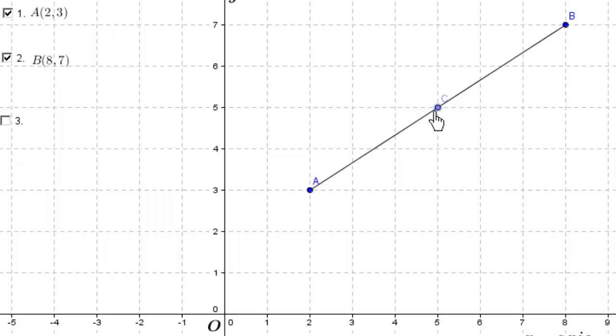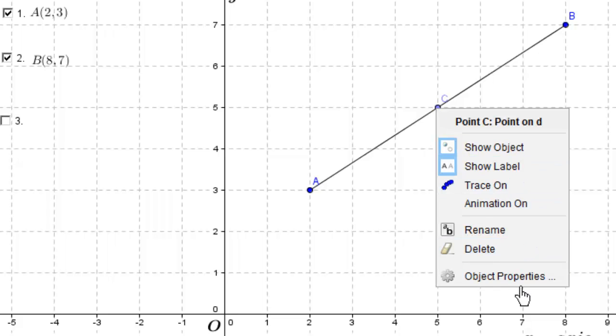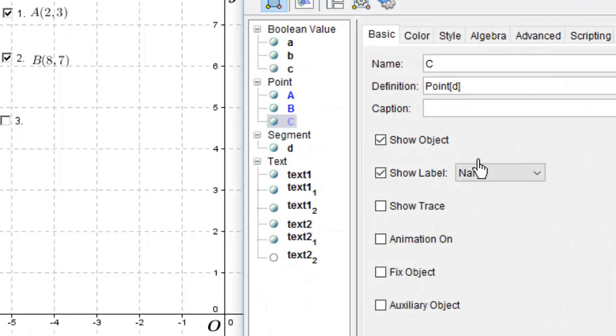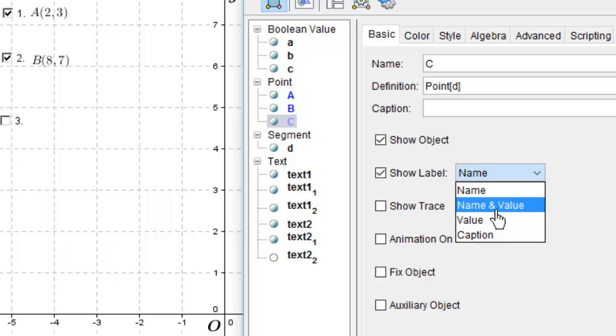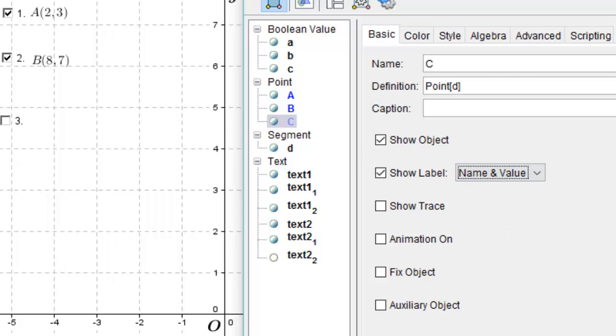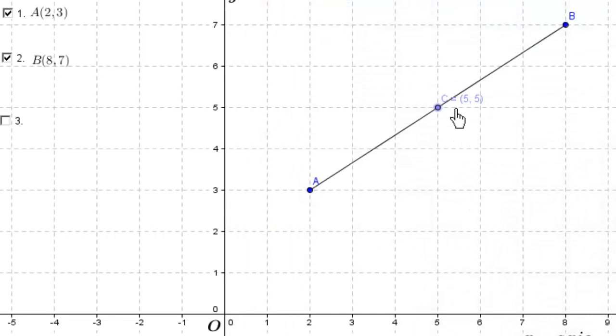The coordinates of C are 5 and 5. Now, how do we calculate this midpoint in general? So we are going to look at a general formula that can help us calculate the midpoint of 2 points.